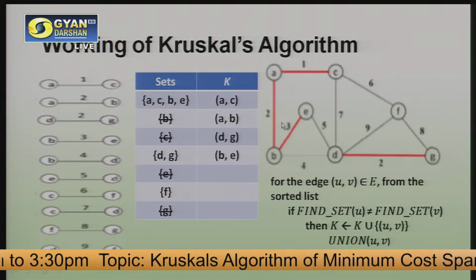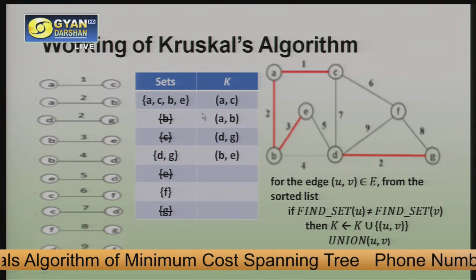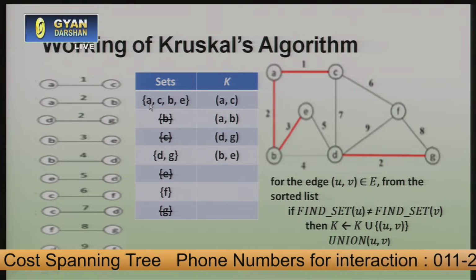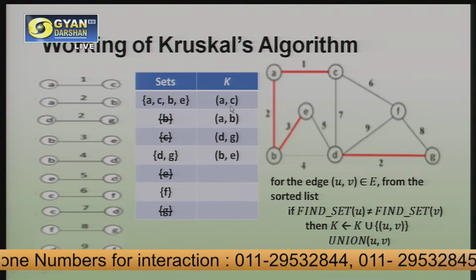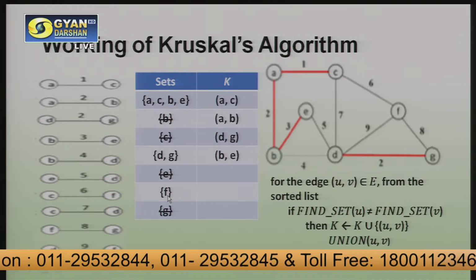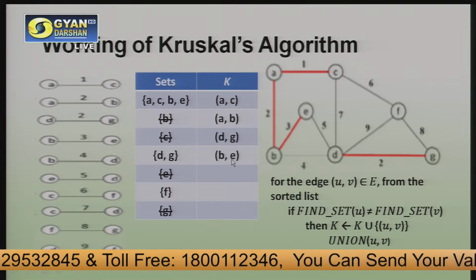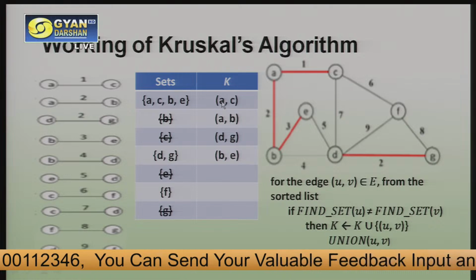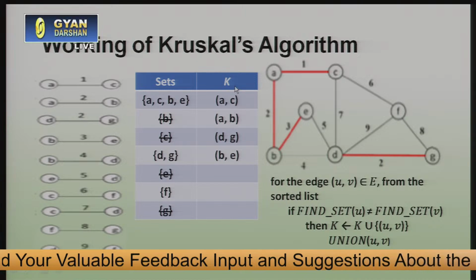After this operation, you will get this sequence of edges. So what we have got: A, C, B and E, and DG is another set, F is another set. And we have already added 4 edges to the minimum cost spanning tree.